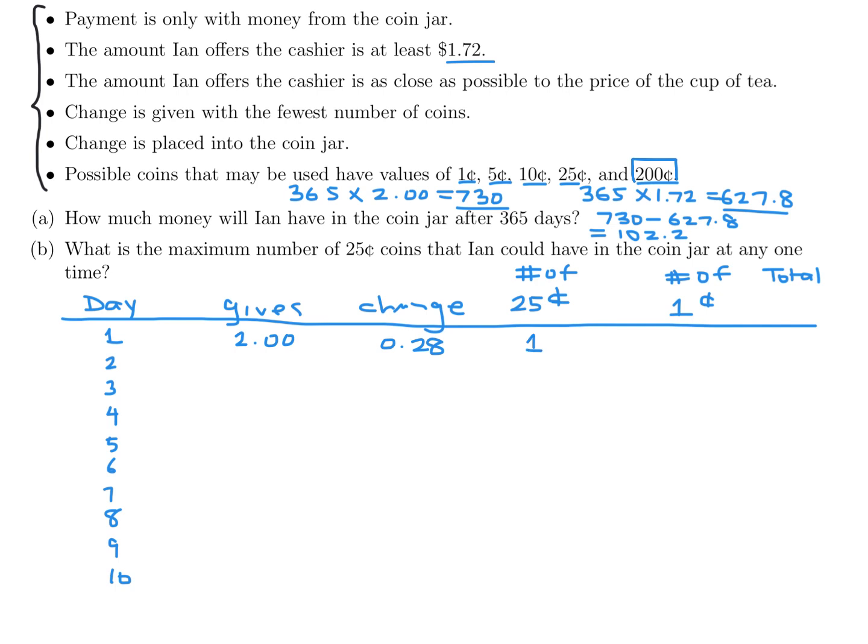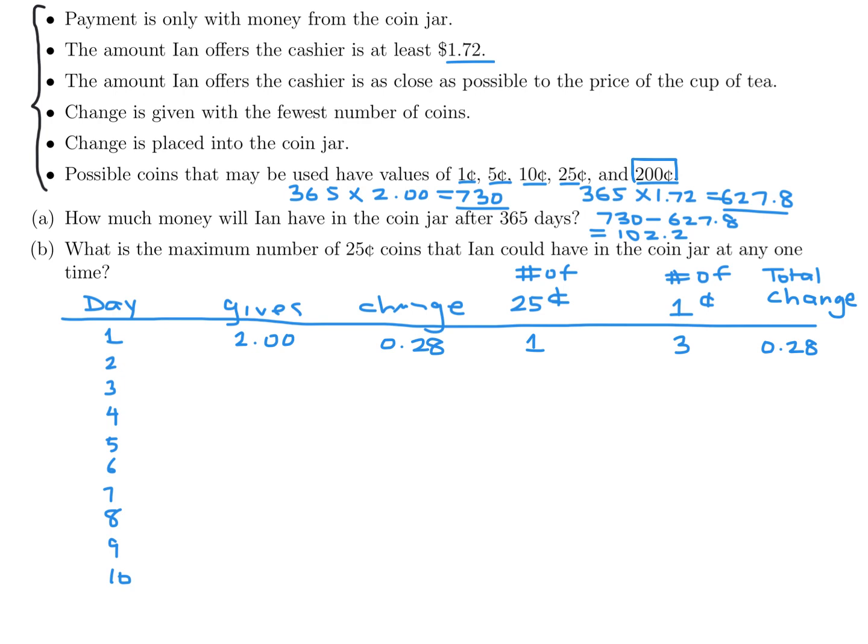So he gets 1 quarter, 1 25-cent coin, which is called a quarter in Canada. And then he gets 3 pennies. And therefore, the change that he gets back is 28. So total change, I should put change in there. Right? So that's all this is. It's not anything more complicated than that.